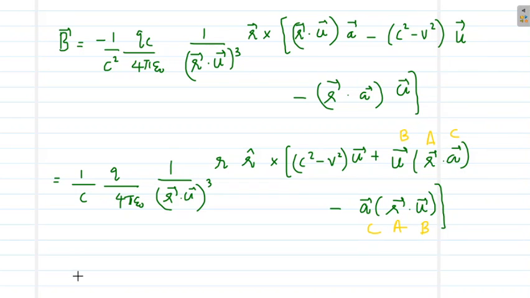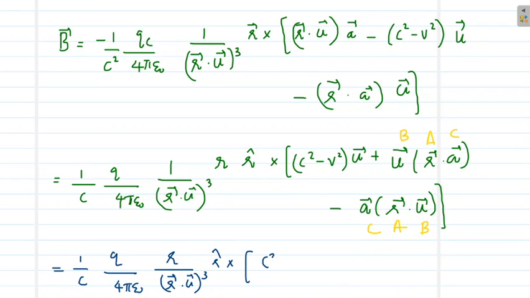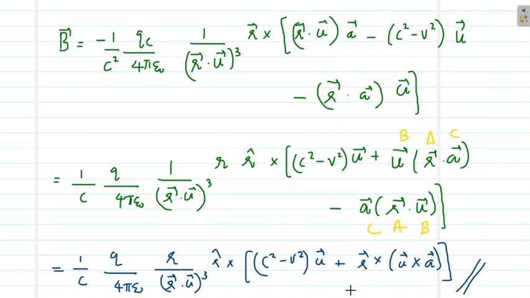So you can simplify this to be equal to 1 by c into q by 4 pi epsilon 0 r divided by r bar dot u bar the whole cube into r cap cross c square minus v square into u bar plus r bar cross u bar cross a bar. So this is the final equation for the magnetic field of a moving point charge.